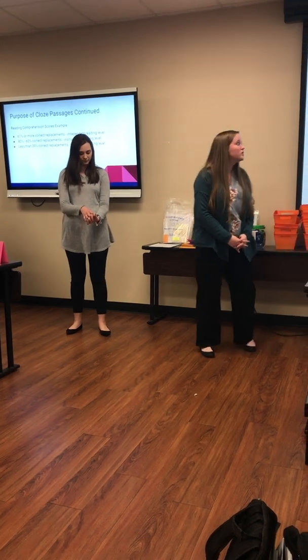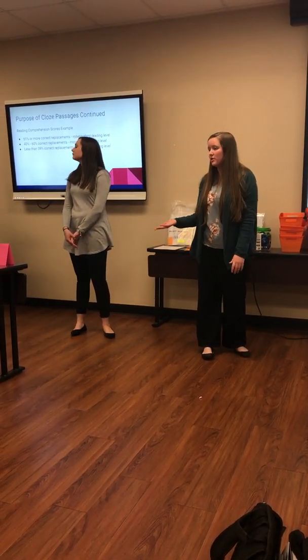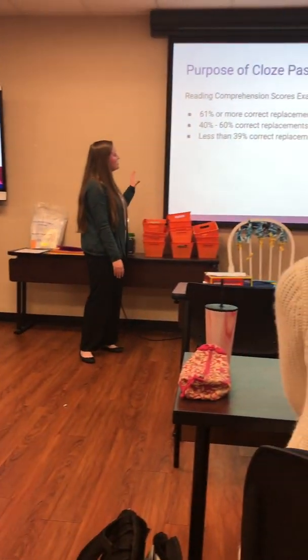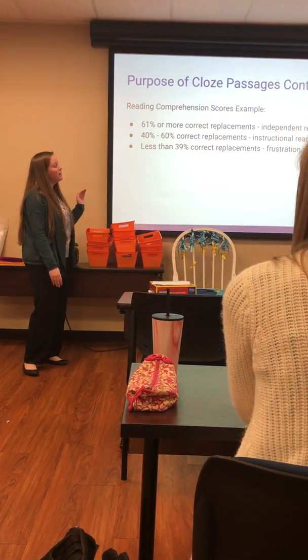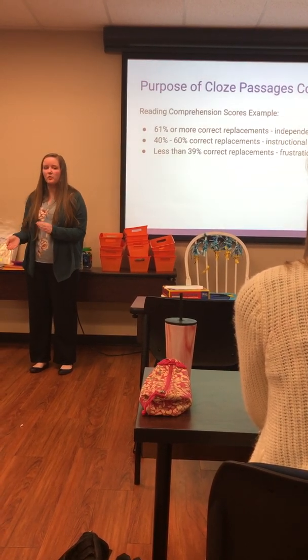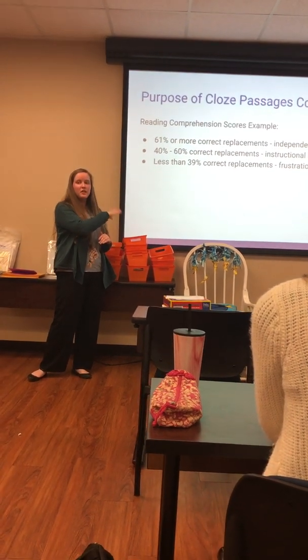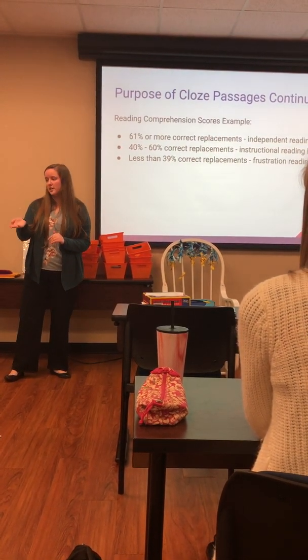All right, so just to give you an idea, because I was a little confused about how the scoring might work for reading comprehension, this is what one teacher had done. She had omitted about 25 words from the passage, so that when she multiplied the number of correct replacements put in by the student by 4, it would tell you the percentage.